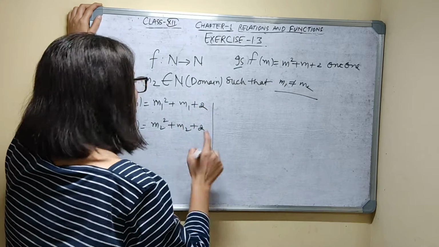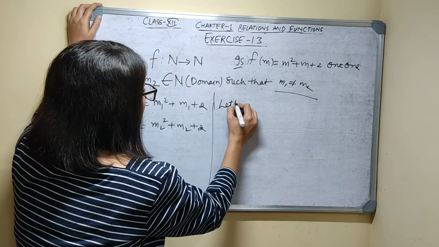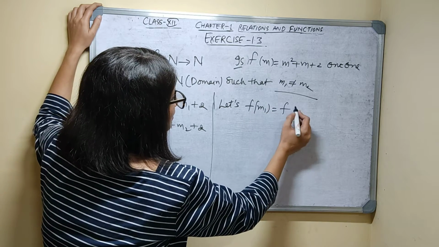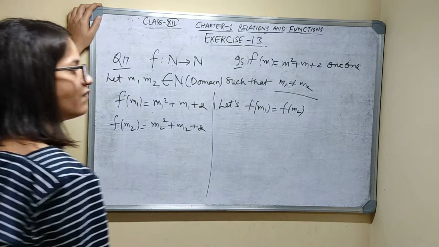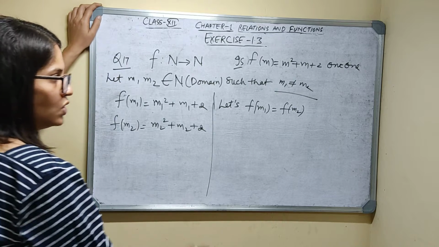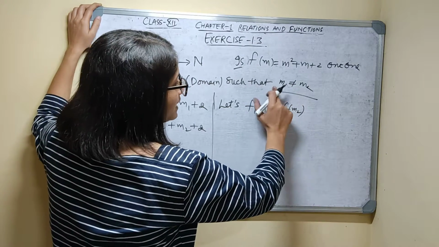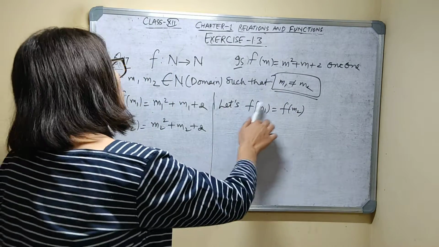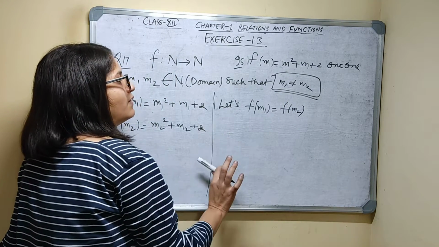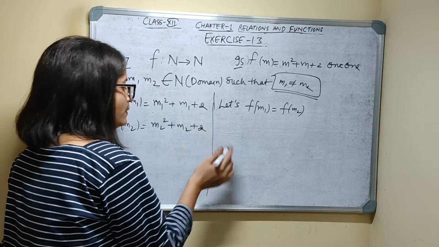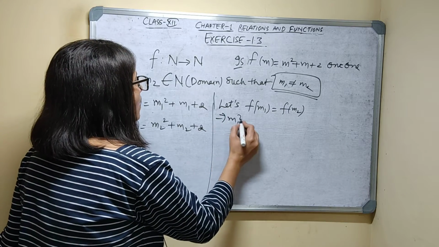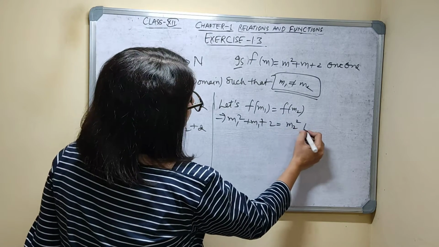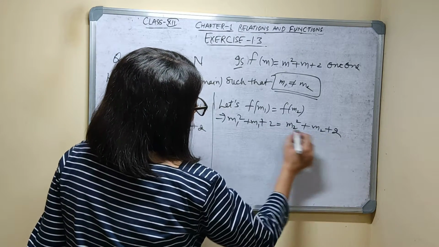But let's take the reverse, the opposite. Let's take f of m1 equal to f of m2. Already we stated that m1 is not equal to m2. Now we will solve f of m1 equals f of m2. So we will get m1 square plus m1 plus 2 is equal to m2 square plus m2 plus 2.